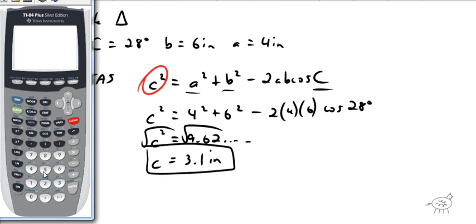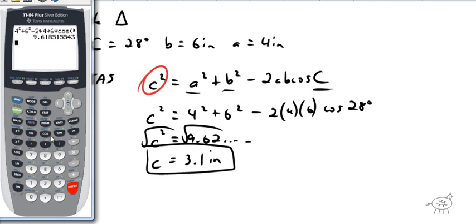So we're going to do 4 squared plus 6 squared minus 2 times 4 times 6 times cosine of 28 degrees. Don't put the degree symbol in there. Close the parenthesis, hit enter, and 9.61. Okay, so it's 9.62, and then we take the square root of it.